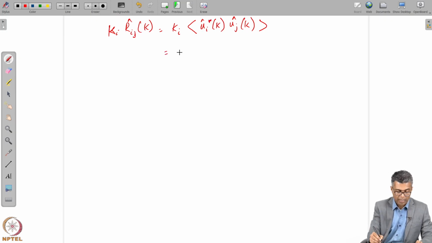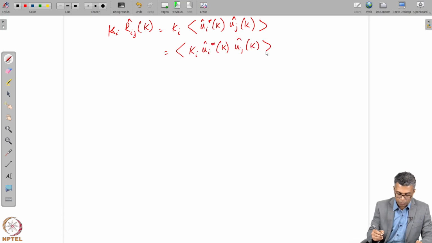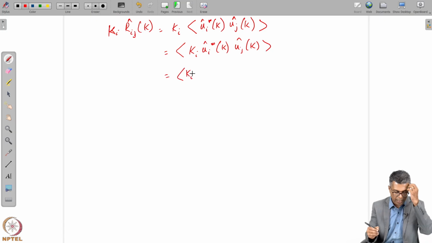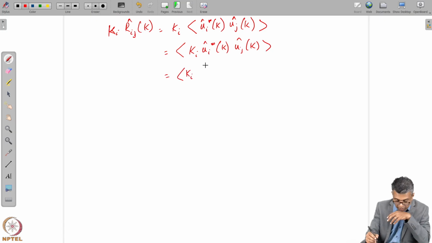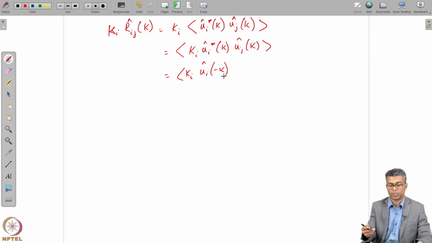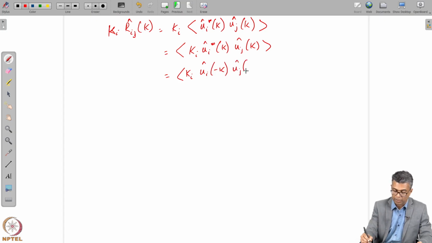And then what I'll do is I will actually take it in, and then what I'll have is kappa i ui hat star of kappa and then uj hat of kappa, like this. Then what do I have? The conjugate can be written as ui hat of minus kappa, isn't it, conjugate, and then uj hat of kappa.